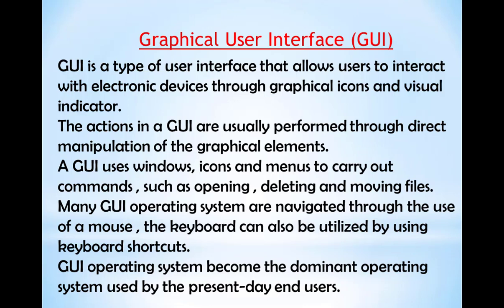Now we will discuss GUI, meaning graphical user interface. GUI is a type of user interface that allows users to interact with electronic devices through graphical icons and visual indicators.